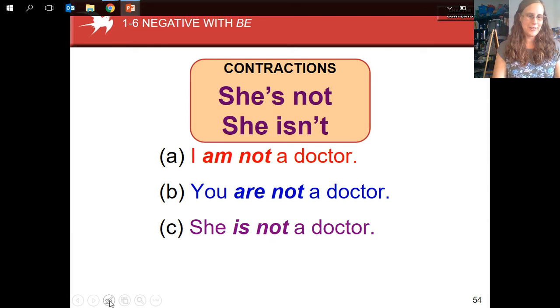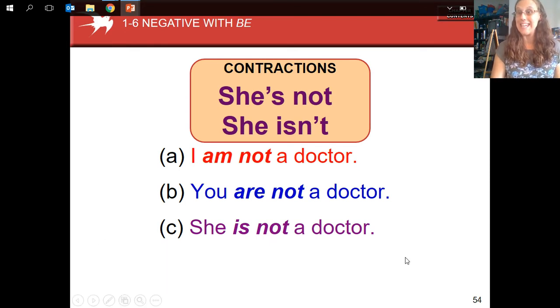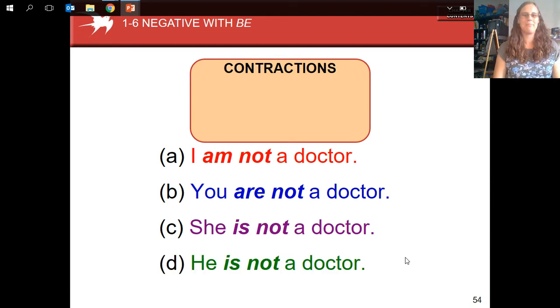So in the same way, what about he? He. The same, right? He is not a doctor. Only change she to he. He is not a doctor. So contractions, the contractions.